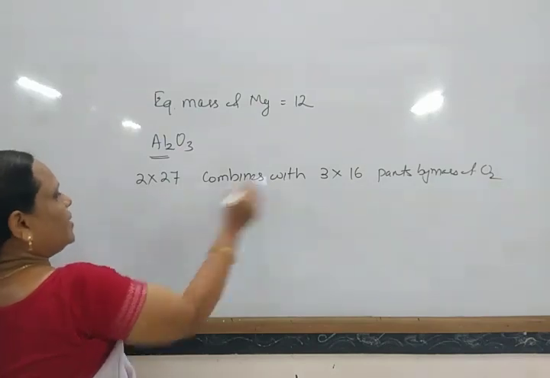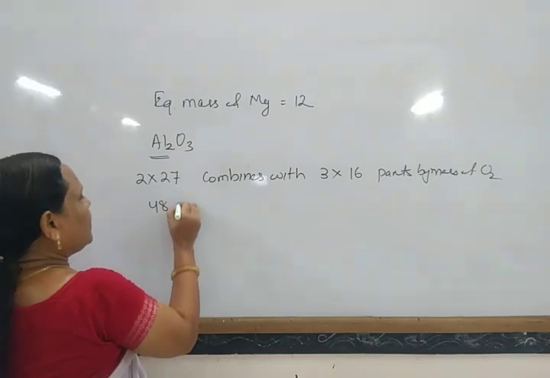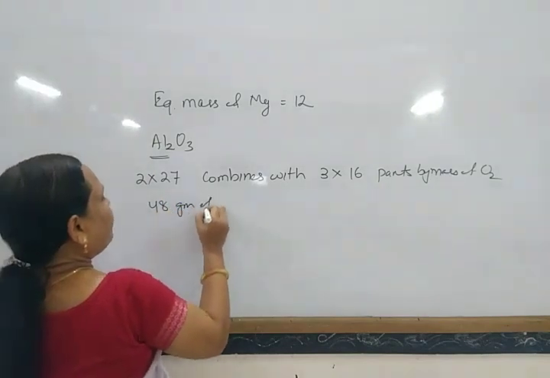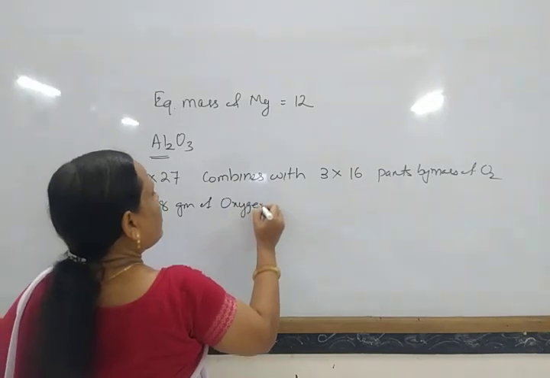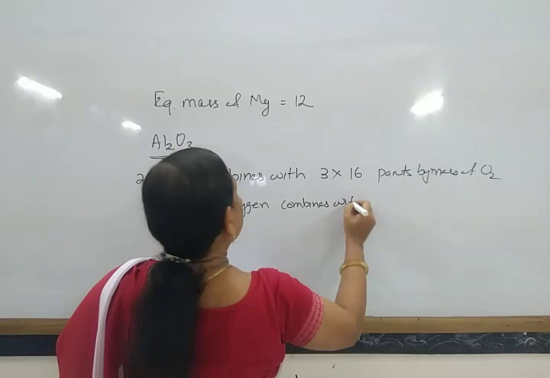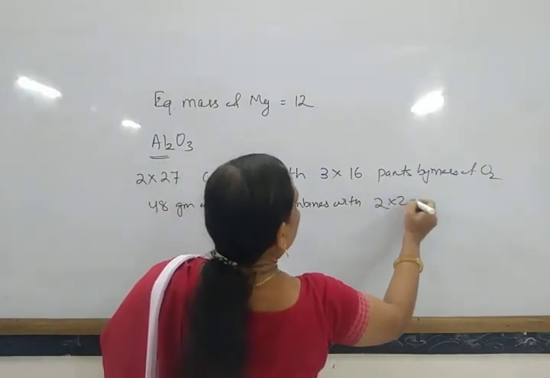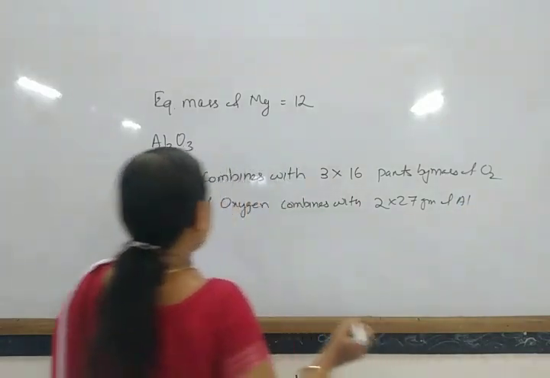That means, if we express in grams, 48 grams of oxygen combines with 2 into 27 gram of aluminium.